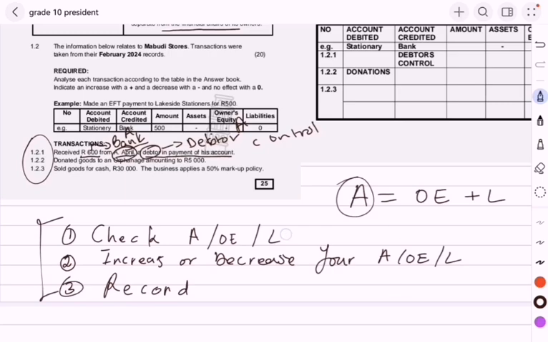So now the first step has been checked out. We now understand that bank is an asset and debtor is an asset, right? Then we have to check whether it increases or decreases your assets or your owner's equity. With your bank, money is coming into the business, so do we minus that money or increase it?